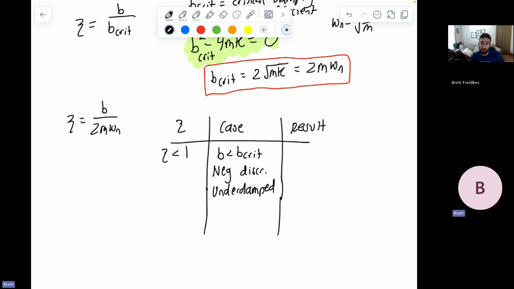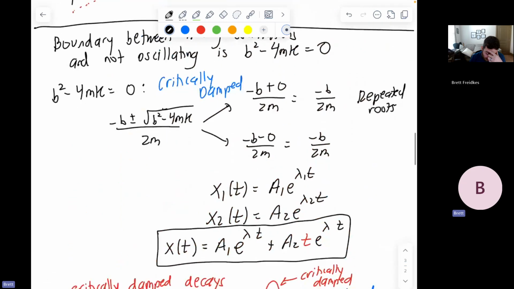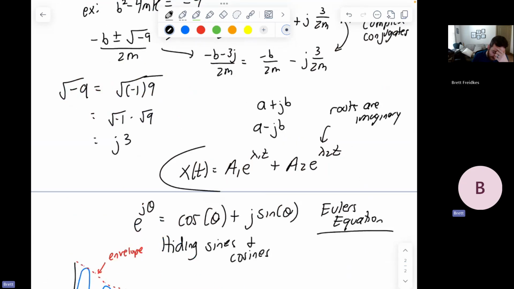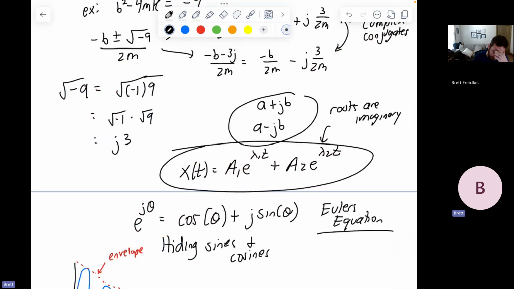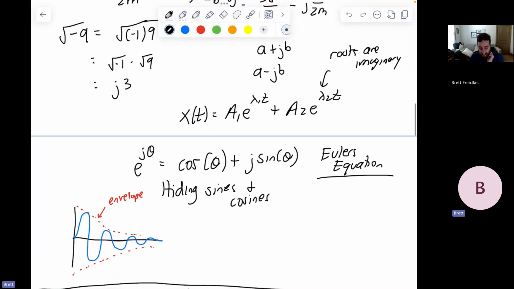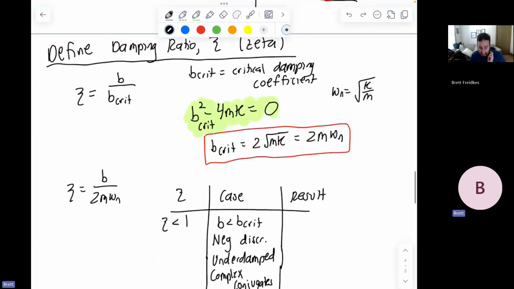And in the situation we had underdamped behaviors, we had complex conjugate roots. And what do we know about the behavior of our system if zeta is less than 1, or if we have complex conjugate roots? Because they're imaginary, the exponentials in our solution end up having imaginary parts to it, which means that we're hiding sines or cosines, and that gives us oscillations.